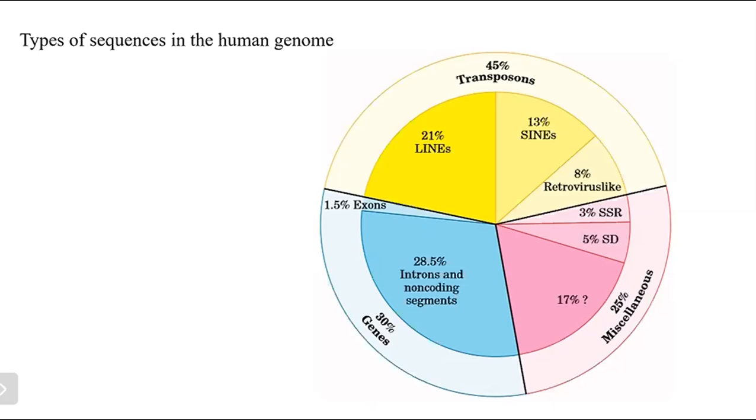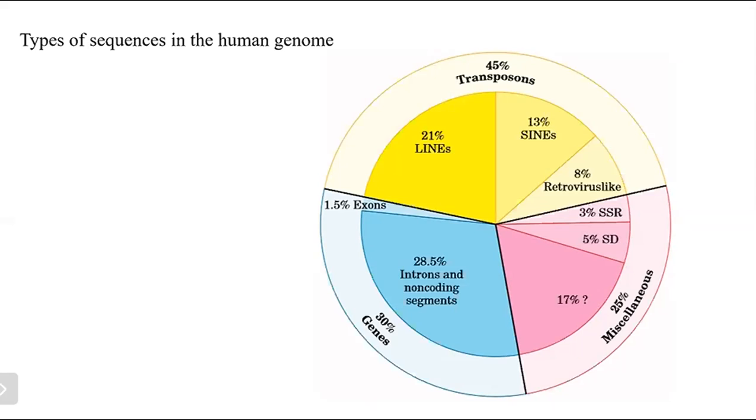Your introns get transcribed, they are a part of your mRNA, but other regulatory sequences are not part of mRNA. They do not get transcribed. So what are these regulatory sequences? The promoters, enhancers, silencers, which activate the gene expression or which inactivate or repress the gene expression.